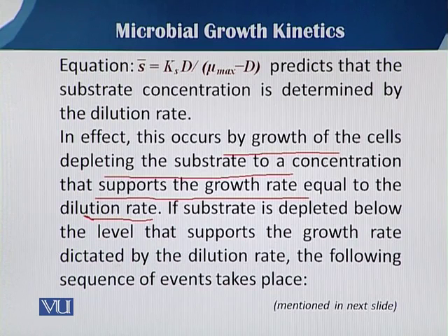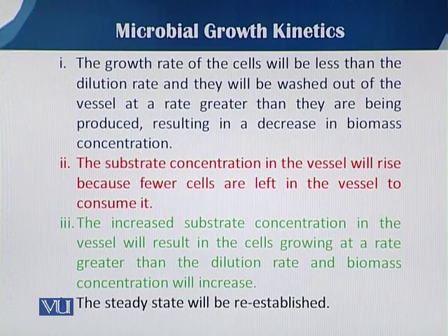If the substrate concentration inside the continuous culture is directly related to the dilution rate, we can assume four possibilities. If there is a change either in the specific growth rate in the fermentation vessel or in the dilution rate, what will possibly happen inside the vessel? These are the four different possibilities we will discuss here.